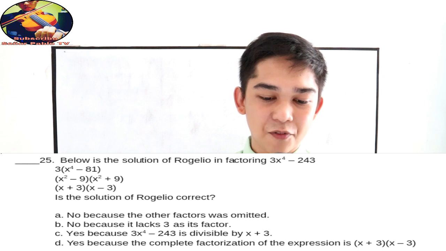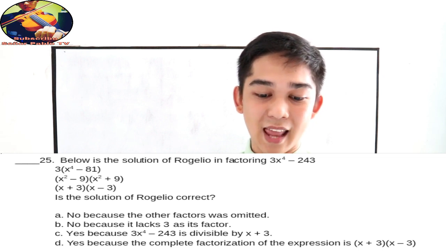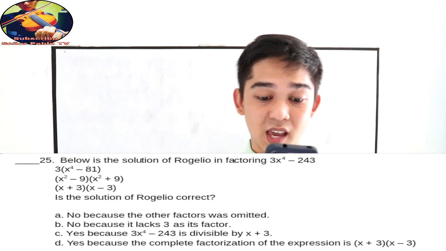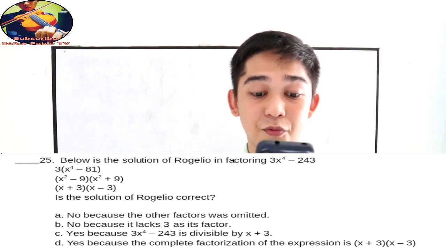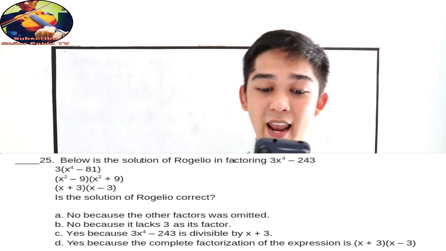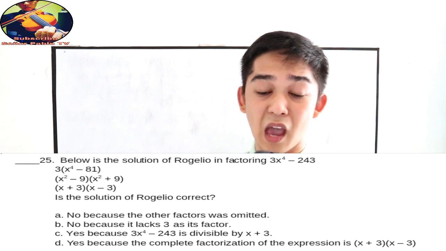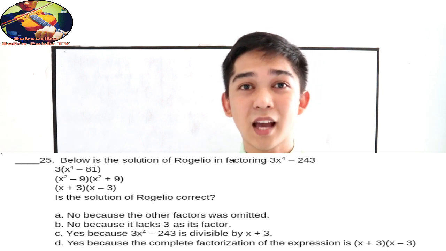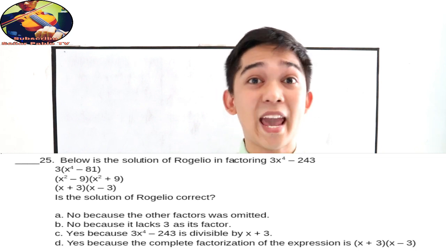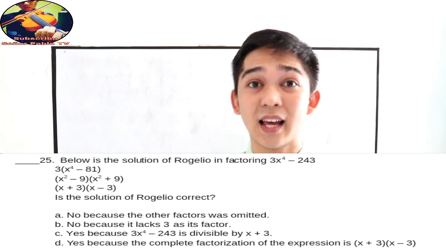A, no, because the other factors were omitted. B, no, because it lacks 3 as its factor. C, yes, 3x raised to 4 minus 243 is divisible by x plus 3. And letter D, yes, because the complete factorization of the expression is x plus 3 times x minus 3. Letter A, obviously. Kasi ang dami niyang tinanggal sa final answer.